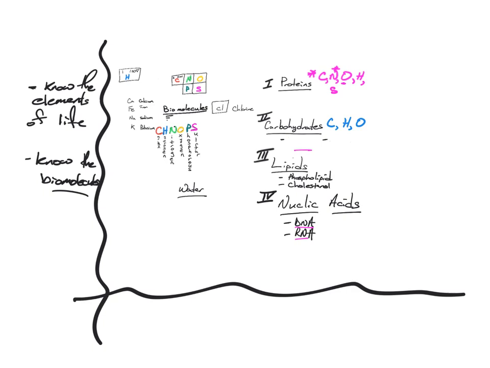Lipids are mostly, hear me, mostly carbon and hydrogen with a little bit of oxygen, not as much as carbohydrates. There's a little oxygen in a lipid, but not a lot. It's a long chain of carbons we call lipids.